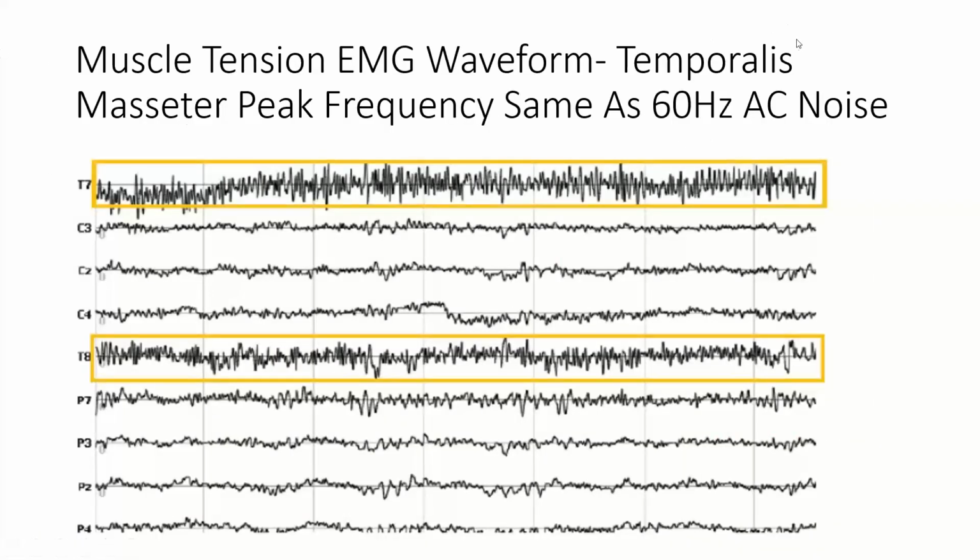Here's muscle group tension from EMG, most likely, and there's that complex waveform you see. And it's not only biphasic, technically it's really triphasic. And this is the masseter likely, and the masseter peak frequency is at 60 hertz around that range.